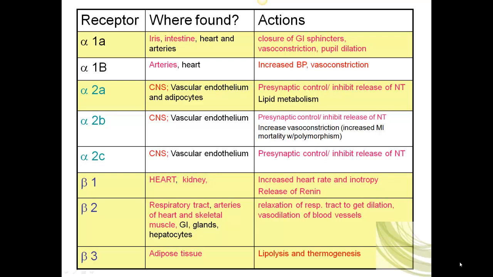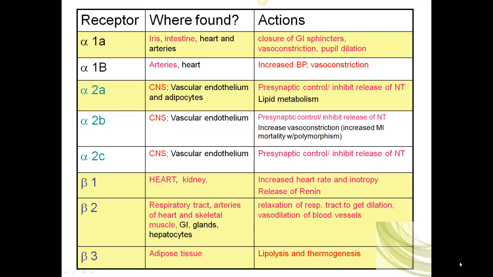Beta 2, most highly expressed adrenergic receptor in the respiratory system. I want you to think of that as the primary target for beta 2 receptors, and this will lead to increased bronchodilation. I also want you to know beta 2 receptors are found on blood vessels. This is very important because beta 2 receptors, when they bind to adrenaline, are going to cause vasodilation.